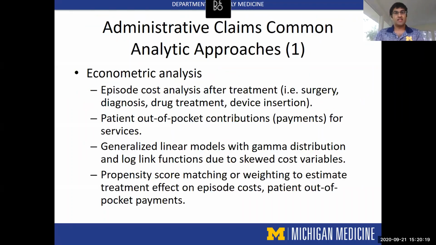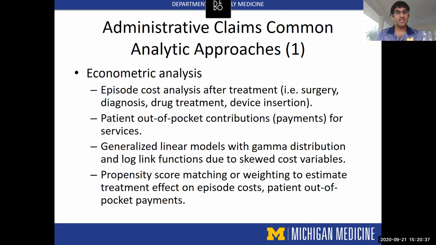And so some common analytic approaches. There's the cost component here, which is very salient. It helps us use econometrics such as episode cost analysis after treatment.